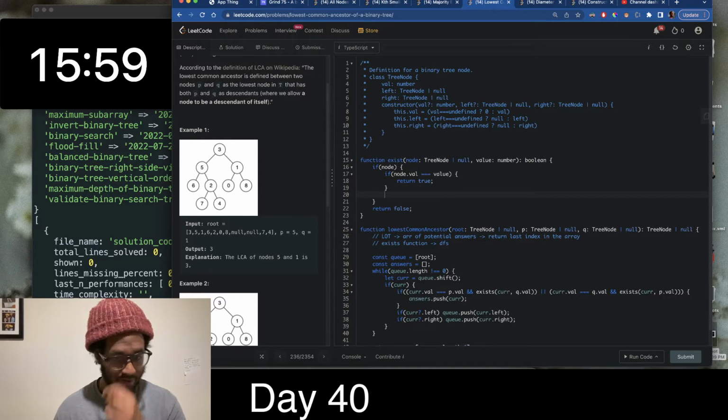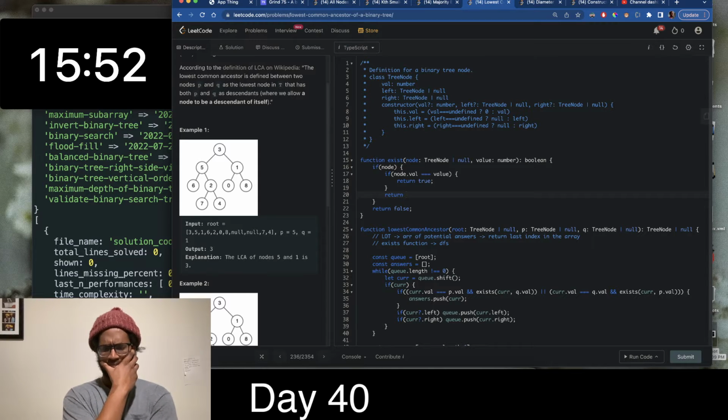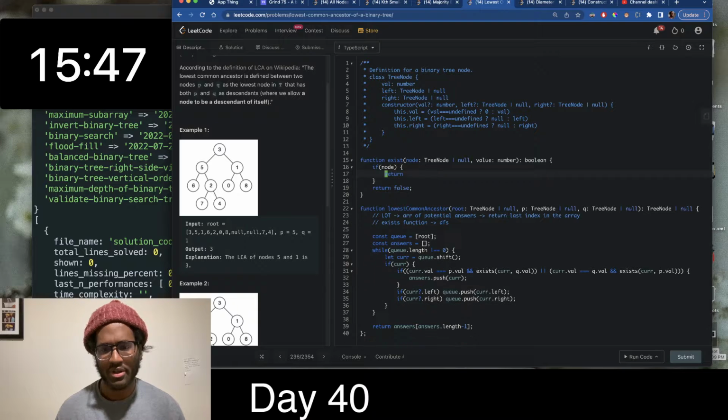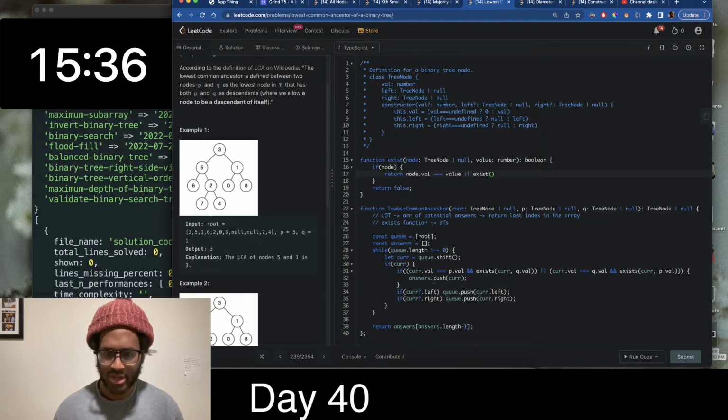Otherwise, it's better if we do it this way. We'll return node.val equals value, or exist of node.left, value, or exist of node.right, value.